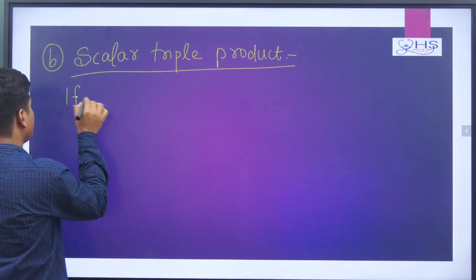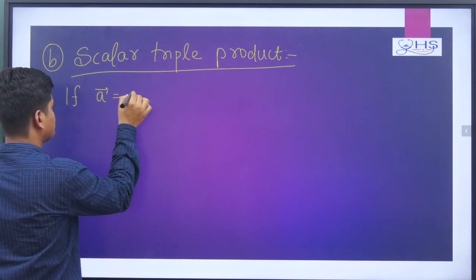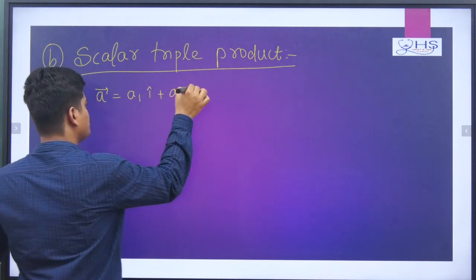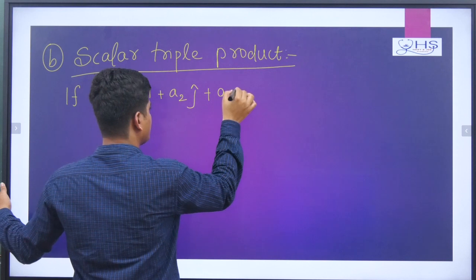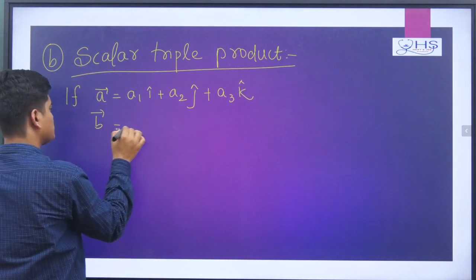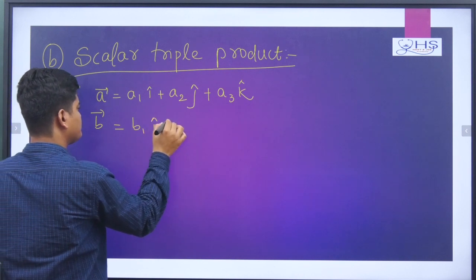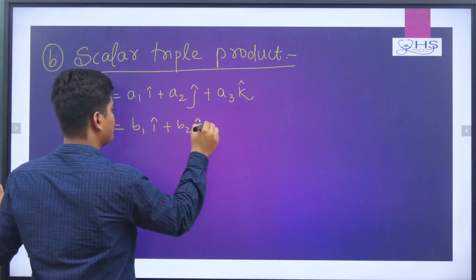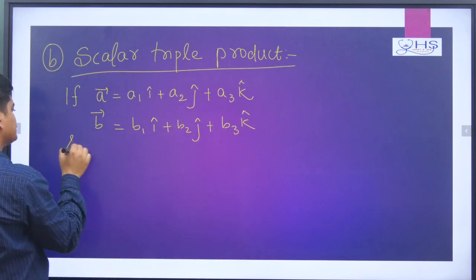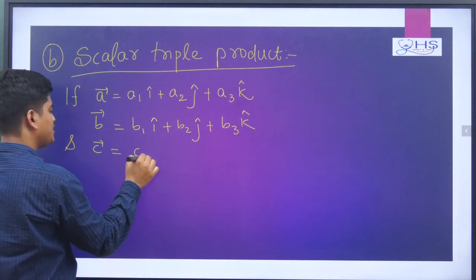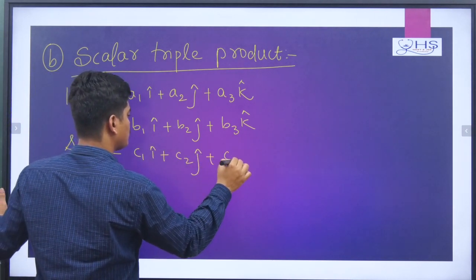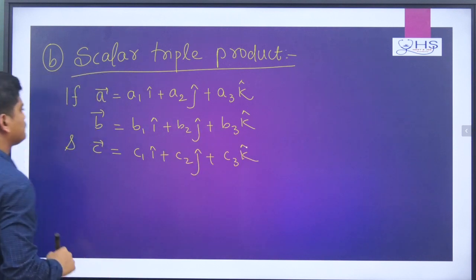Now suppose my A vector is A1 I cap plus A2 J cap plus A3 K cap, and B vector is B1 I cap plus B2 J cap plus B3 K cap, and C vector is C1 I cap plus C2 J cap plus C3 K cap.